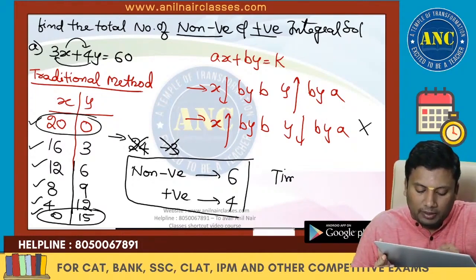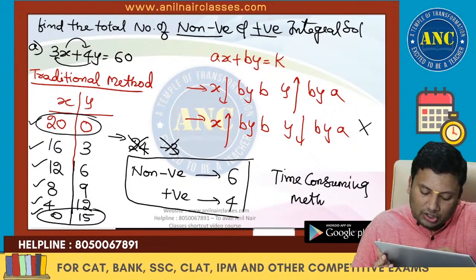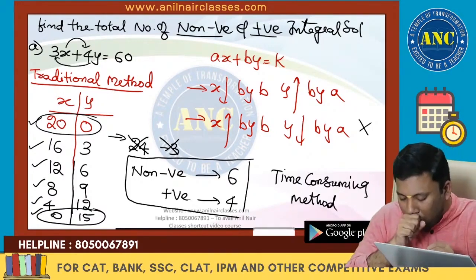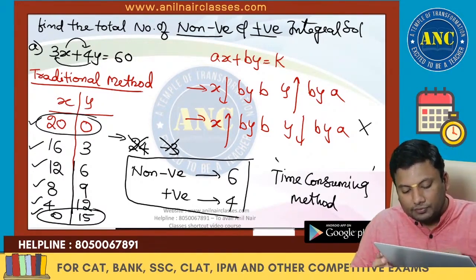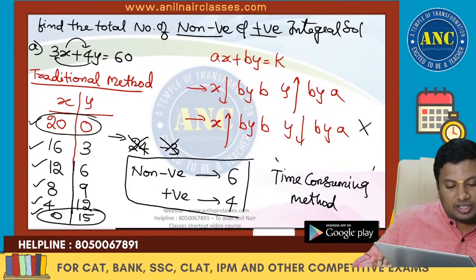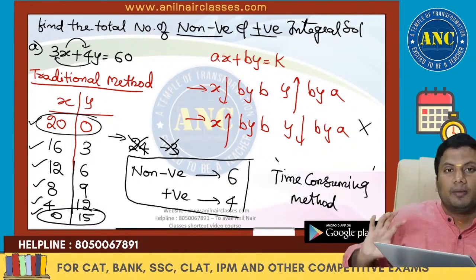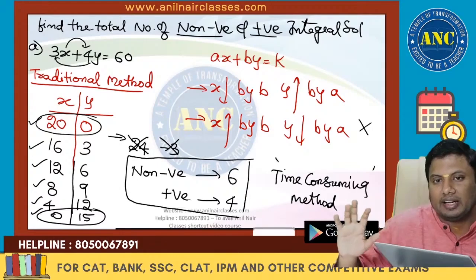This is a time consuming method. 99% of the teachers teach this method, and students also learn this method. This method should be strictly avoided. Traditional method, we will respect the traditional method, but we will create our own new things.